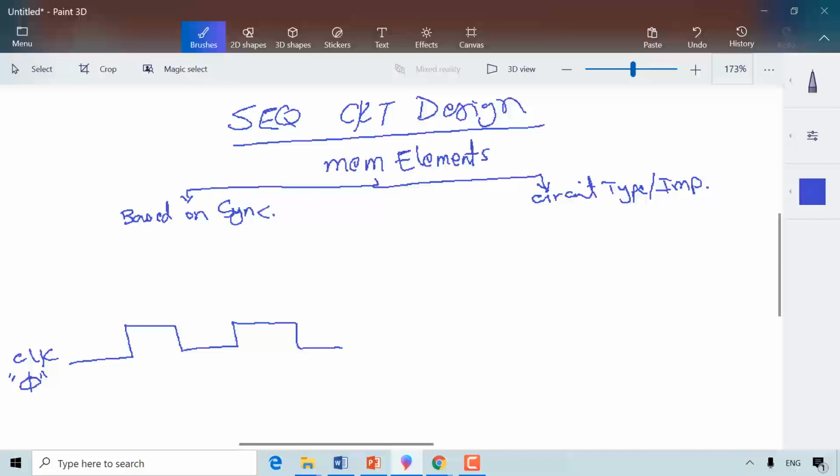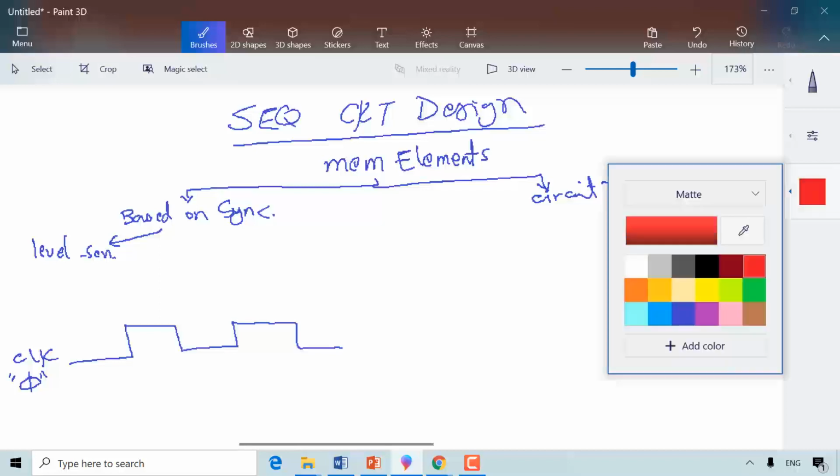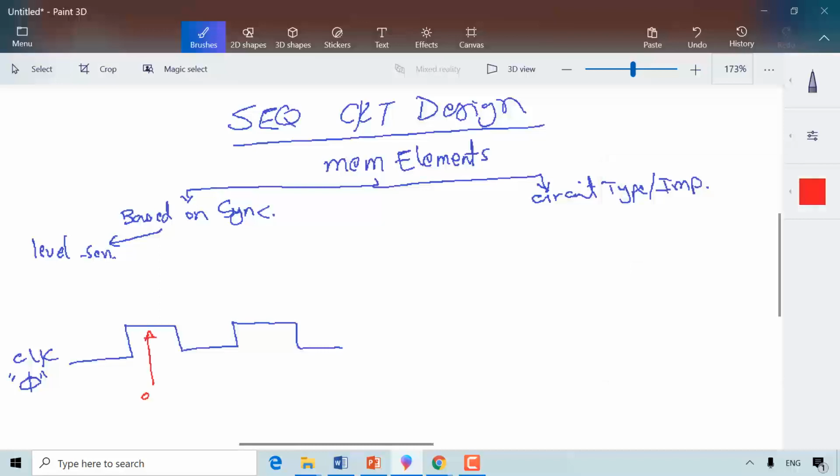Anyway, if your sequential element or memory element is level sensitive, and what we mean by level sensitive is that the sequential element is open during clock high, or we sometimes use the word transparent, when the clock is high, and closes, or we sometimes call it opaque, when the clock is low.